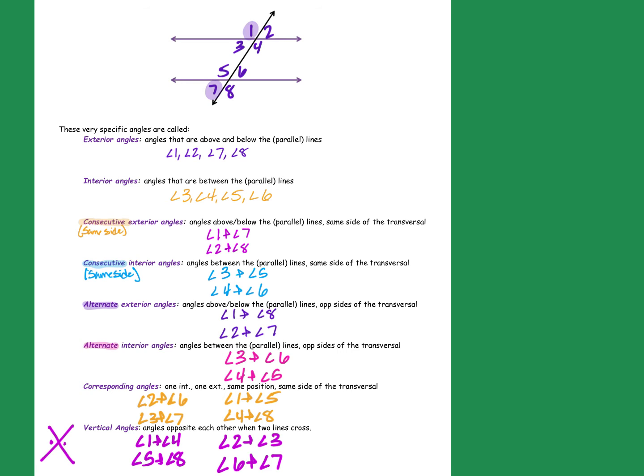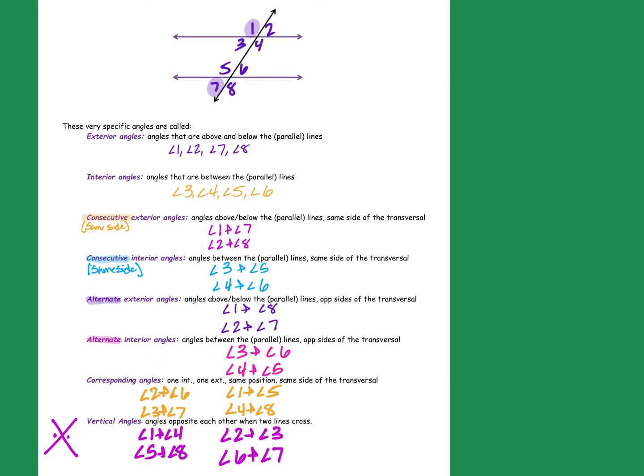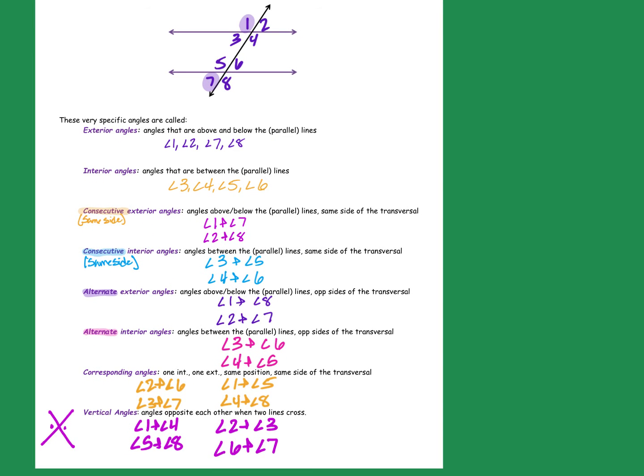So 1 and 7, well, let's look at corresponding angles and consecutive angles. I know that 3 and 7 are the same, right? Because if I take this and cut it in half and slide the top one over, 1 and 5 would be the same, and 3 and 7 would be the same.